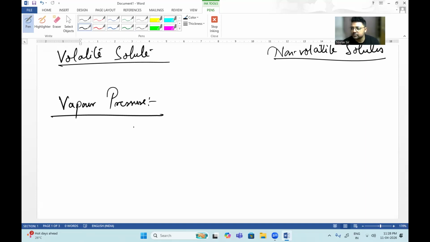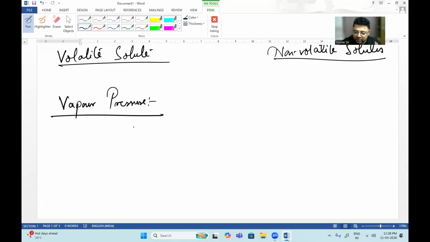Every substance, whether it is liquid or solid in nature, has vapor. For solid substances, this vapor quantity is very, very small, negligible. But for liquids, it is appreciable, meaning you can count it.